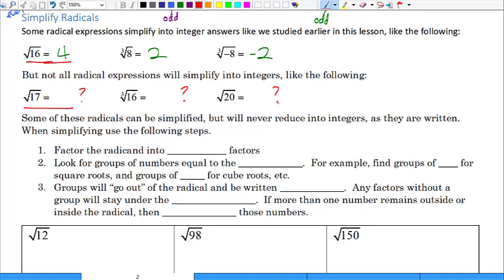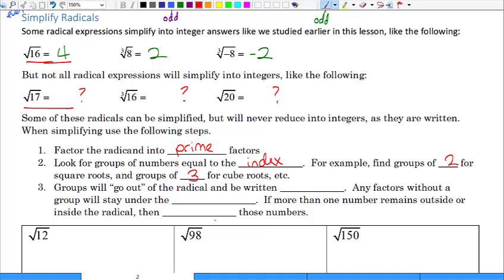Step 1, factor the radicand into prime factors. Then we're going to look for groups equal to the index. For example, find groups of 2 for square roots, find groups of 3 for cube roots, and so on and so forth.